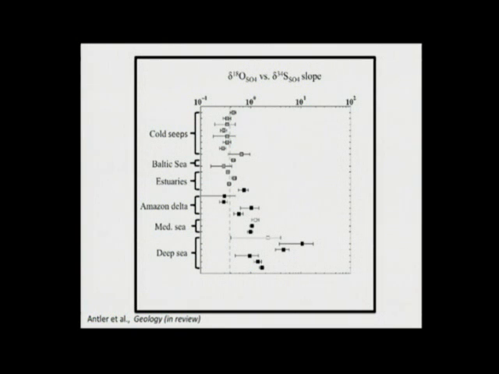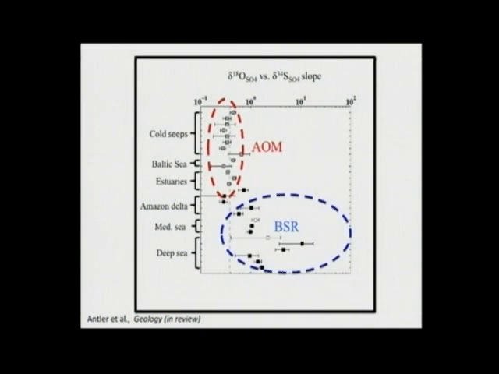And we see that all the gray data aggregate around the same number, which is exactly this unique isotopic fingerprint that I'm talking about. The data from places where we don't have anaerobic methane oxidation is much, much higher. Now this scale is a log scale, so small differences are actually quite big. And again, this is exactly what I'm talking about, this unique isotopic fingerprint, that all the data from places that have methane aggregate around the same value.